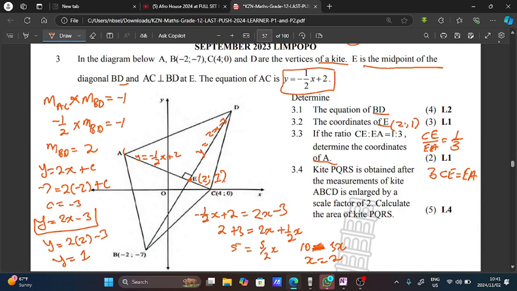Should they grow three times than this one? Yeah?